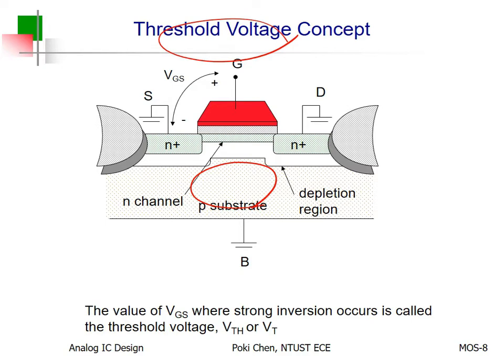Okay, and I told you already, MOSFET is actually some kind of capacitive device. Without capacitance, it doesn't work. It depends on capacitance very much. And where is the capacitor? Oh, the main capacitor is here. Above it, we have a gate.